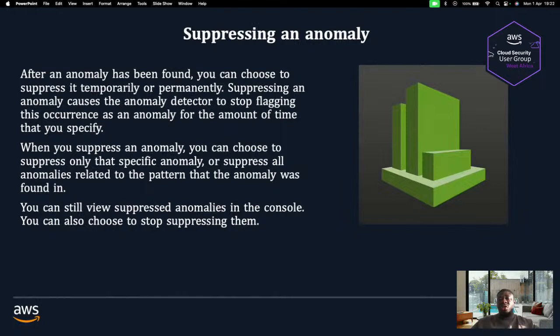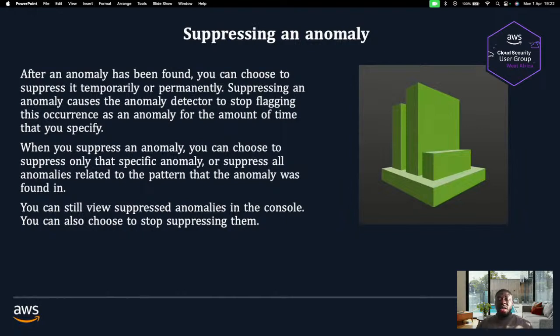Suppressing an anomaly generally causes the anomaly detector to stop flagging this occurrence as an anomaly for the amount of time you specify. When you suppress an anomaly, you can choose to suppress only that specific anomaly, or you can choose to suppress all the anomalies related to the particular pattern where that anomaly was found.